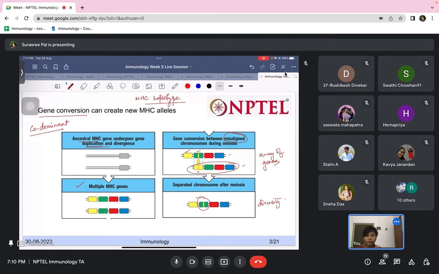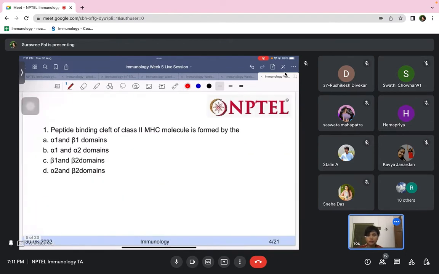So now if you have understood this, I'll go to some questions here. Peptide binding cleft of class 2 MHC molecule is formed by which of the domains? Please let me know your answers in the chat box.